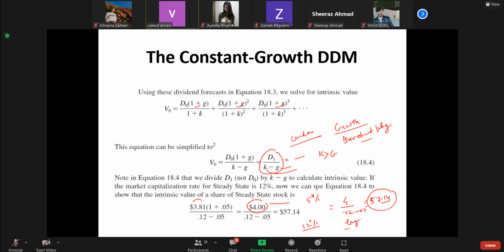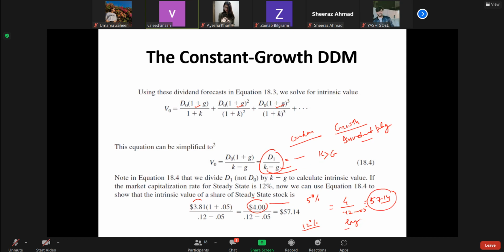But this formula is very sensitive. For example, a slight variation in the discount rate or the growth rate calculation will affect the price to a very large extent. That is why one has to be careful.